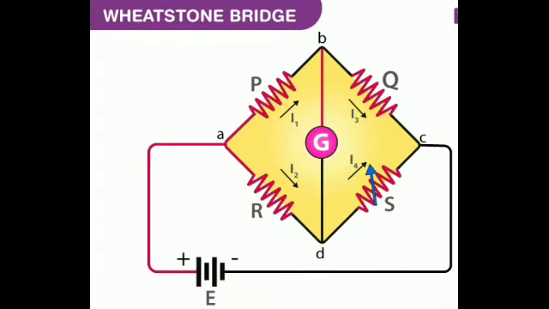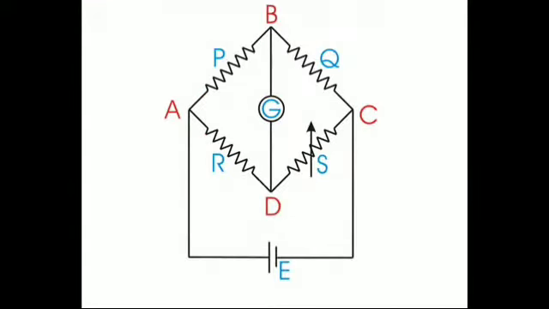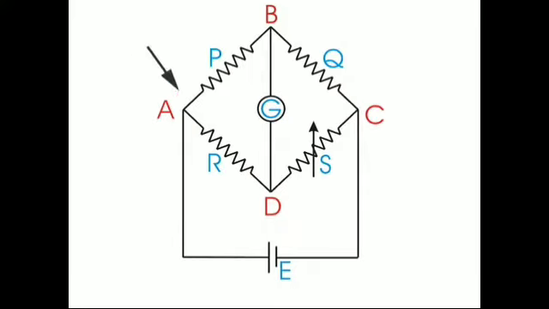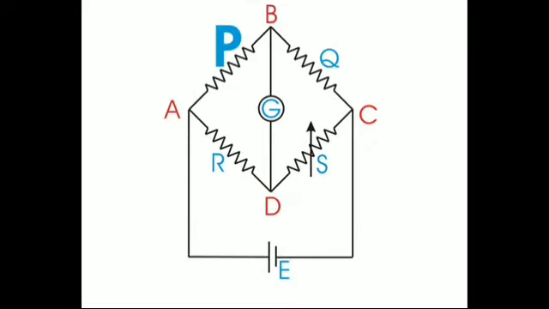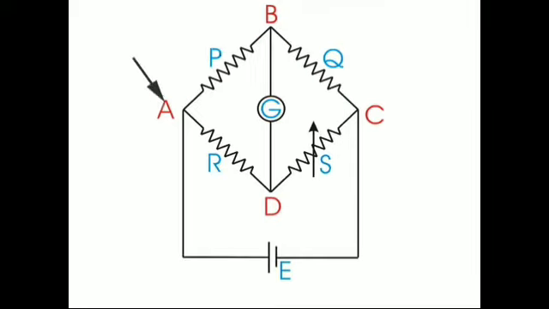The next topic is the Wheatstone bridge. An important application of Kirchhoff's rule is the Wheatstone bridge. It is used to compare resistances and also helps in determining an unknown resistance in an electrical network. The bridge consists of four resistors P, Q, R and S connected as shown in the figure.